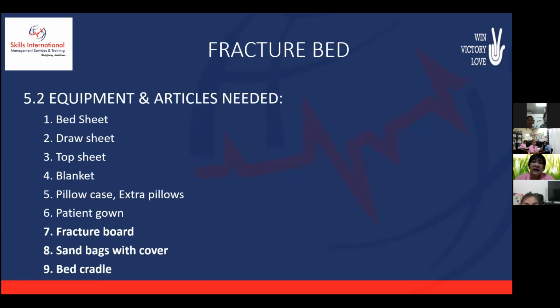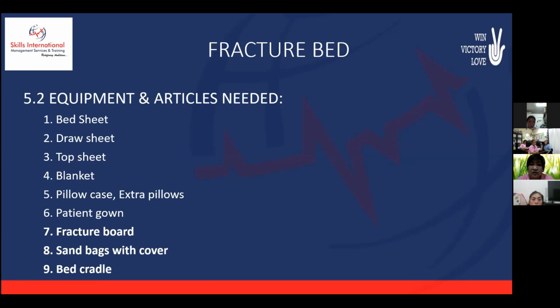What equipments and articles do we need? We need bed sheet, draw sheets, top sheets, blankets, pillowcase, patient gown, fracture board, sandbags with cover, and bed cradle. You see, in the different beds that we prepare, there are different equipments appropriate to prepare that certain bed.